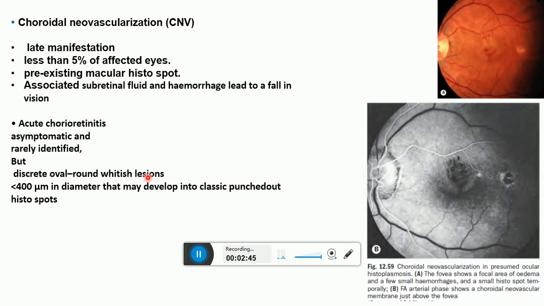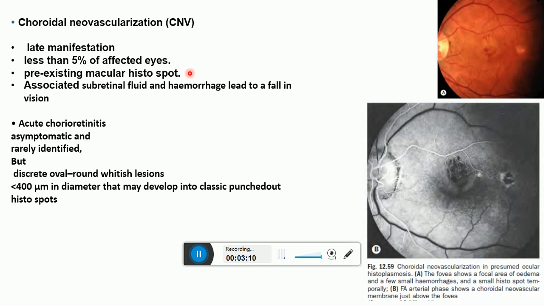Choroidal neovascularization, CNV, is a late manifestation occurring in less than 5% of the affected eyes. It is usually associated with a pre-existing macular histospot.